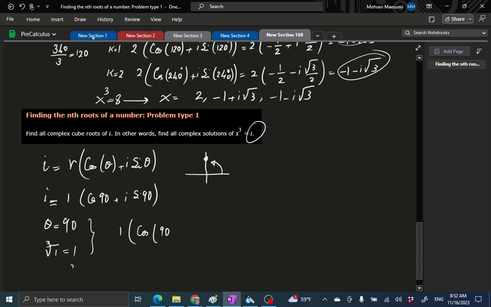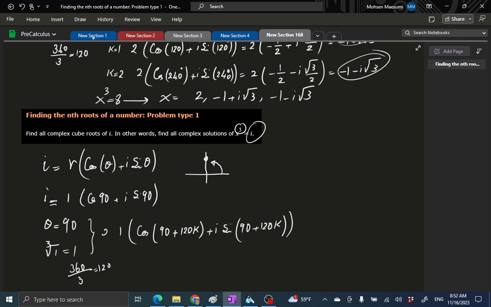So we take 360 divided by the exponent of the problem, and a multiple of that is going to be added to our base angle, plus I times sine of, same thing, 90 plus 120k. That is what the root is going to be.